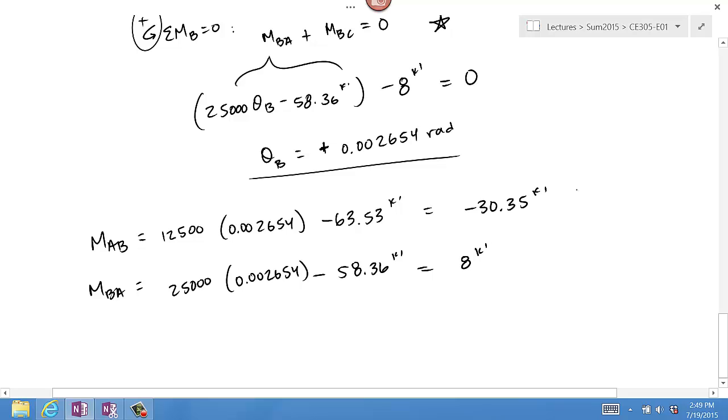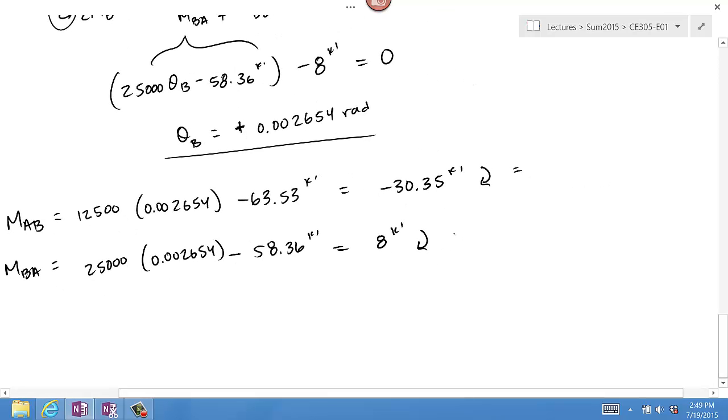Okay, so these are the ones that I evaluated. These are assuming clockwise is positive. So show, in each one of your solutions, clockwise positive, or show the clockwise moment acting. And then when you see the negative sign, switch the sign and switch the direction.